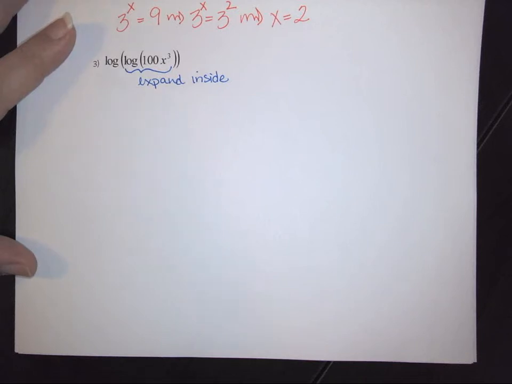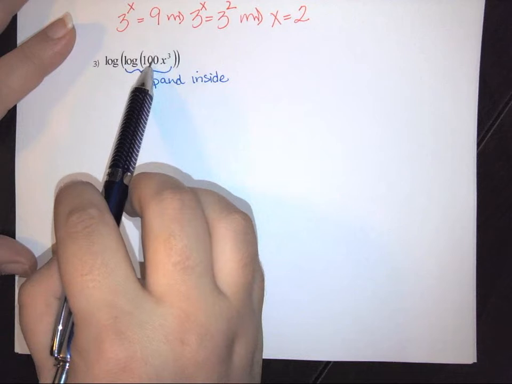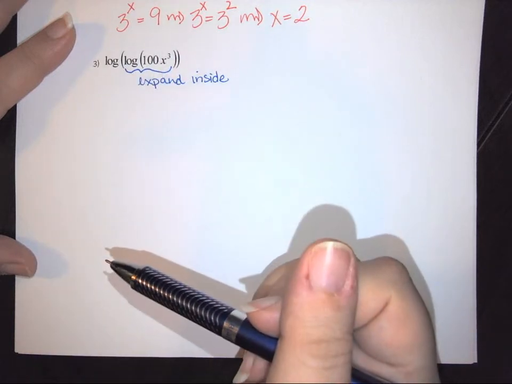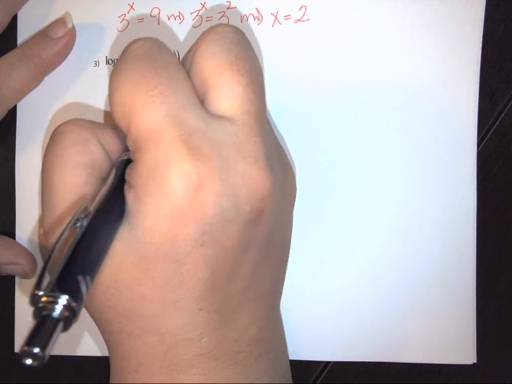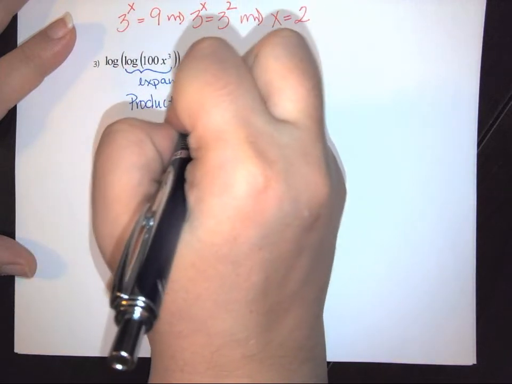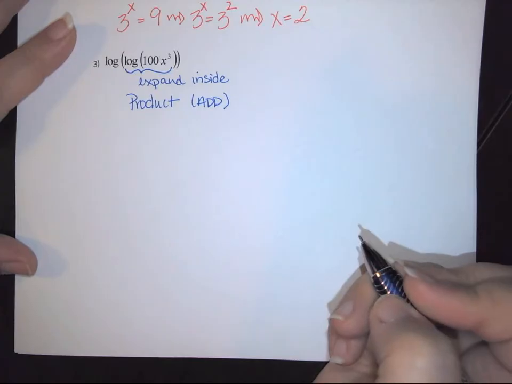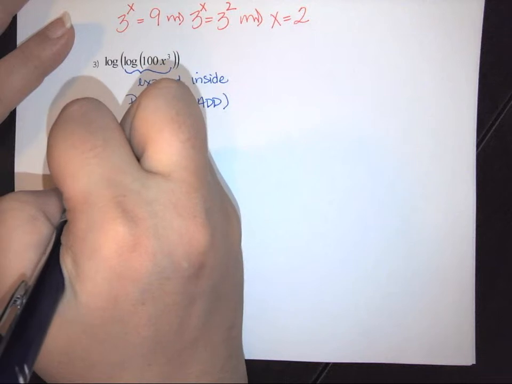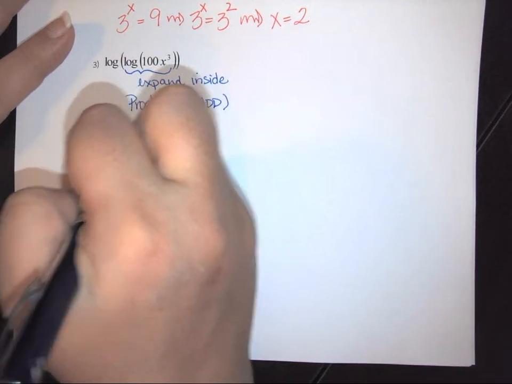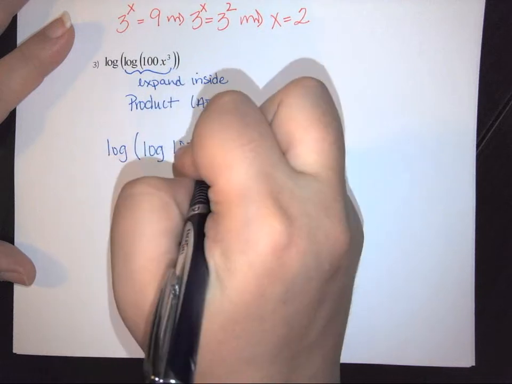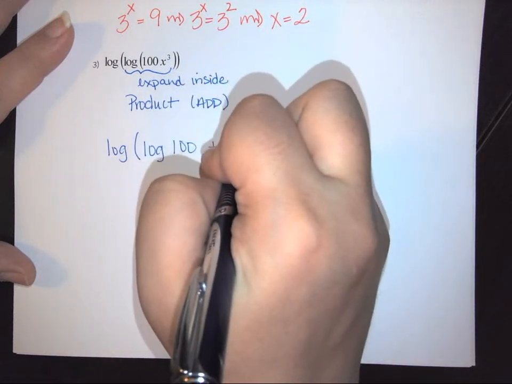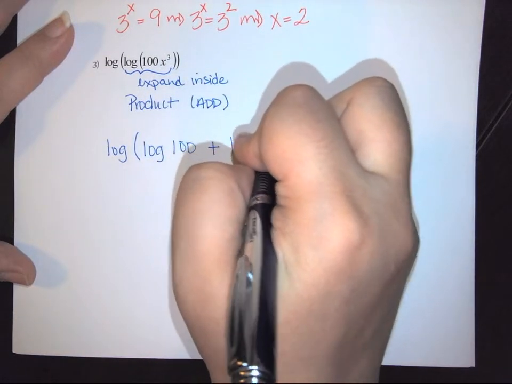So here I have the log of 100 times x cubed. This right here is going to again be your product rule, which says we have to add. So this becomes the log of my log of 100 plus my log of x cubed.